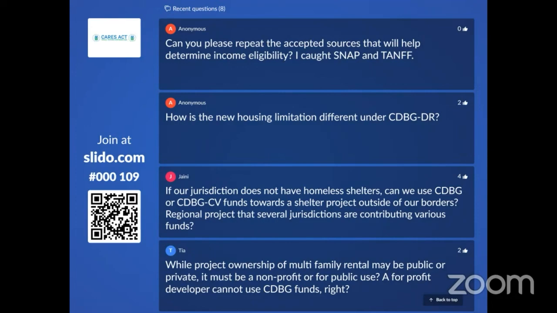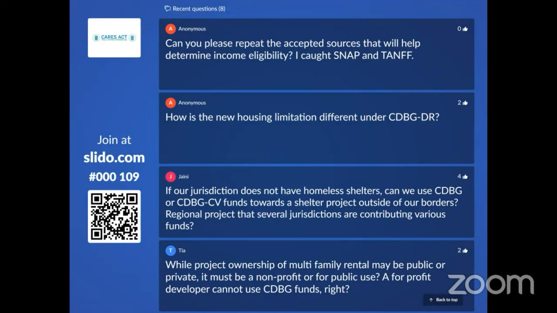Actually, the accepted sources can be any program that has the same income restrictions as CDBG. It can be Section 8, it can be SNAP, it can be an HHS program that they qualify under. It can be TANF, anything that has the same income restrictions as CDBG, or even more stringent.